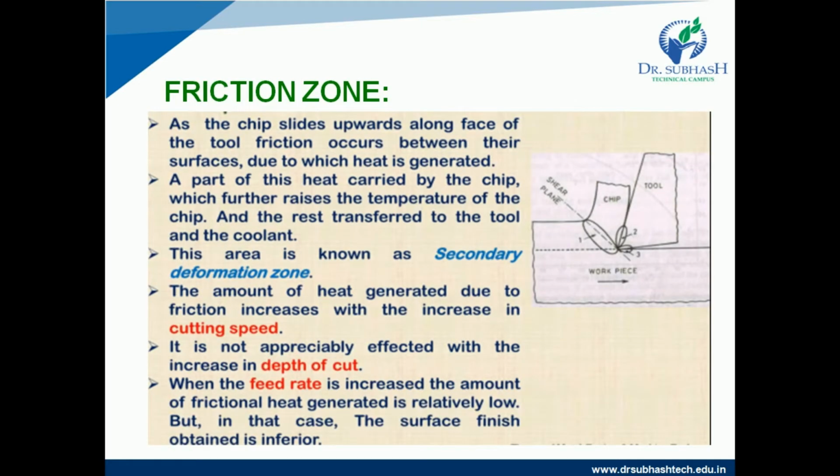Now the friction zone. As the chip slides upward along the face of the tool, friction occurs between their surfaces. When material is removed from the workpiece in the form of chips, and the chip slides upward against the cutting tool along the tool face, frictional action occurs between the surfaces of the chip and tool, due to which heat is generated.